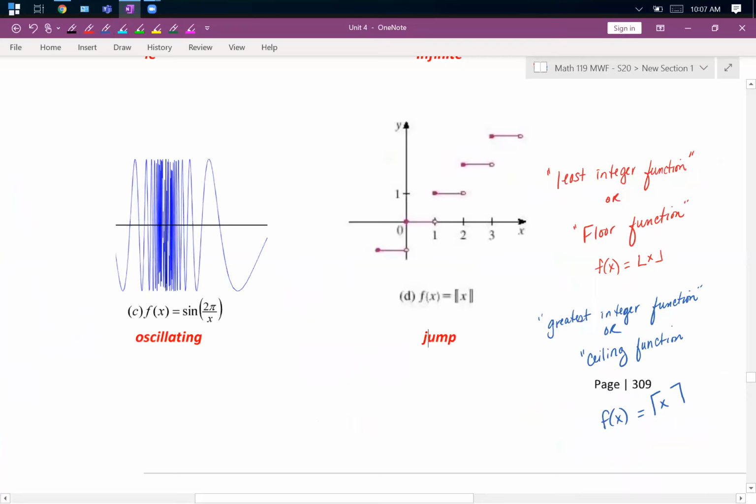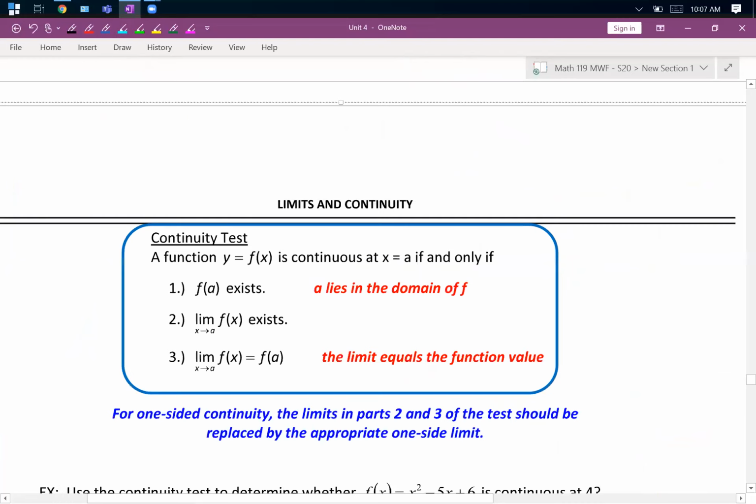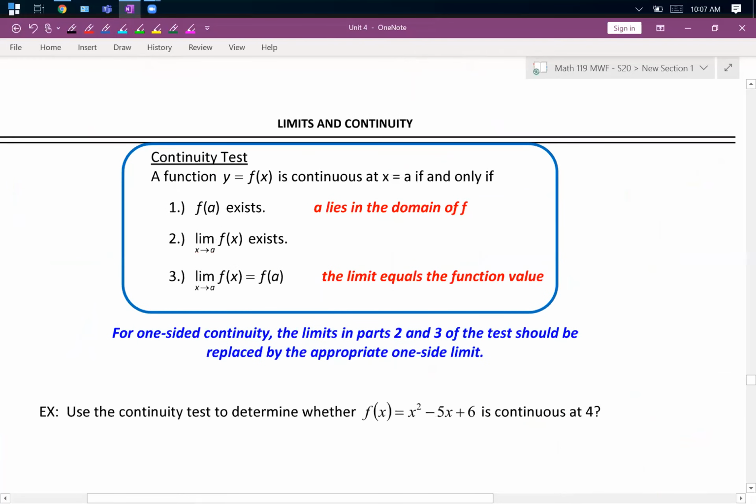We'll talk more in calc about all these different kinds of discontinuity. I just wanted you to see it before you got there. We're going to be using a test to determine whether something is continuous at a particular x value. In order for a function y equals f of x to be continuous at x equals a, these three things have to happen.